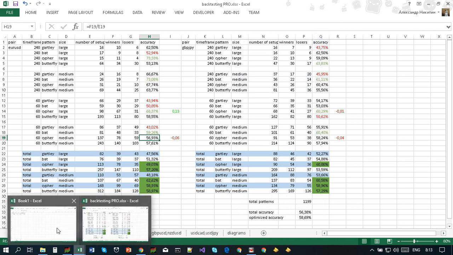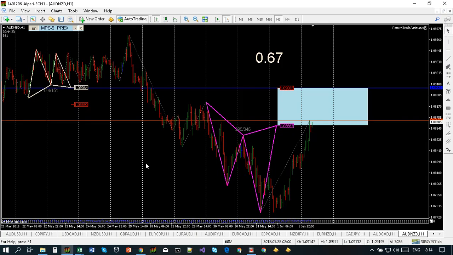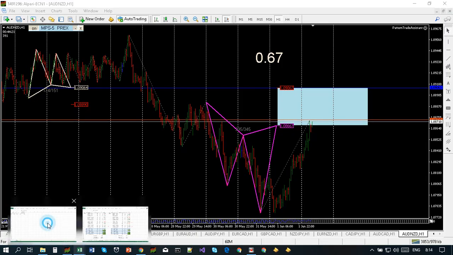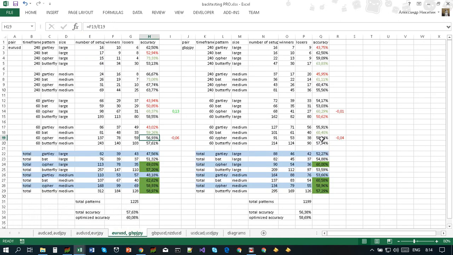Will we generate something if we trade it this way? 62% probability, slightly above break-even, slightly above water. But if you consider spreads, commissions, swaps, withdrawal fees and taxes, you will be losing money on this very strategy. Okay, let's go next.